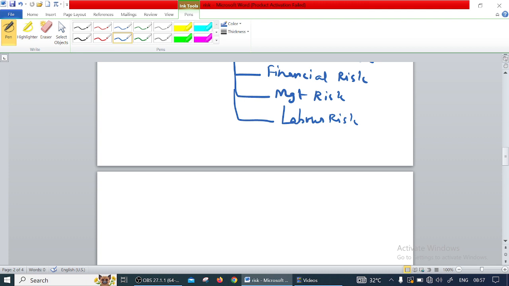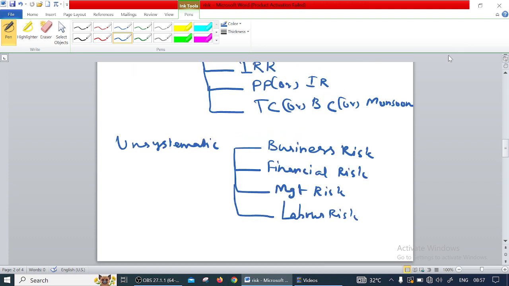Systematic risk is external factors, and unsystematic risk is specific or unique factors. We know interest rate risk, purchasing power risk, internal business risk, external risk, etc. The financial risk in the unsystematic risk may be variability of the income, dividend, EBIT, etc. People have different opinions on the risk parameter.